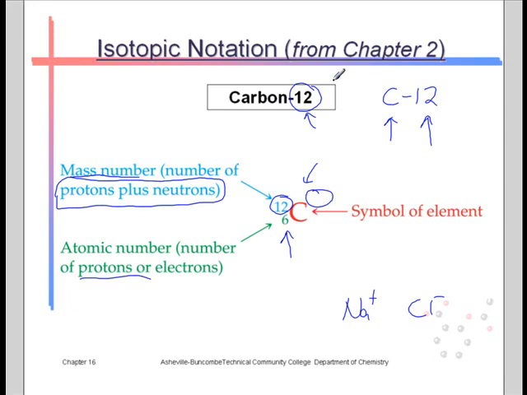Notice that for these two forms of the isotopic notation, the atomic number would be determined by looking at the periodic table and seeing that carbon is number 6. So any one of these three isotopic notations tells you all that you need to know about the particle counts that make up that particular isotope.